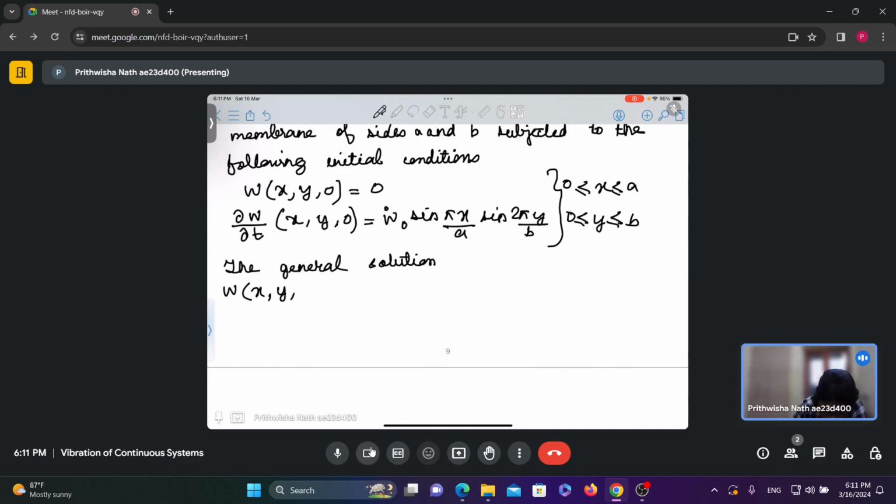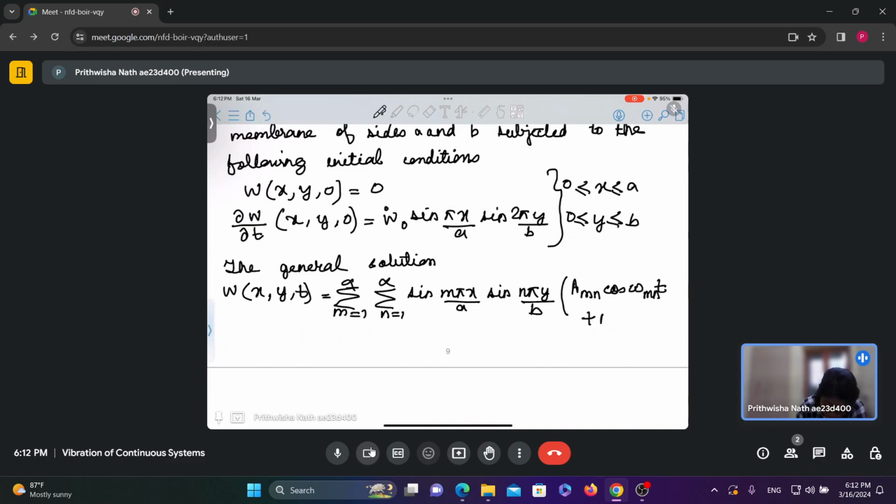W x comma y comma t equals the sum of sin of m pi x by A sin of n pi y by B into AMN cos omega mn t plus BMN sin of omega mn t.